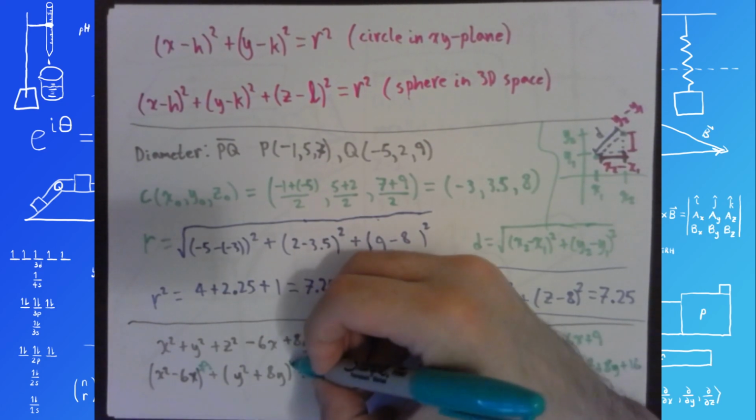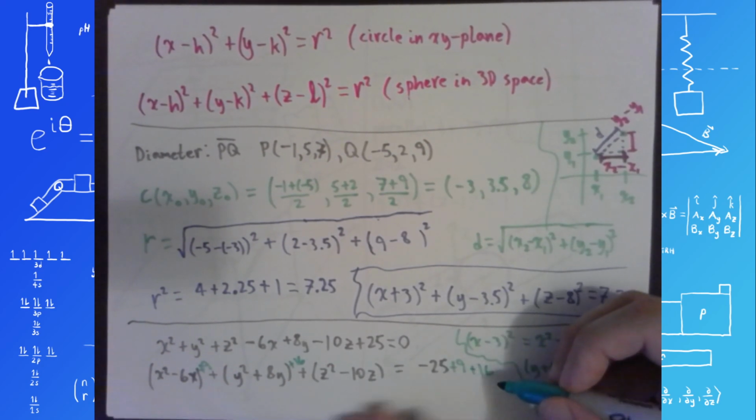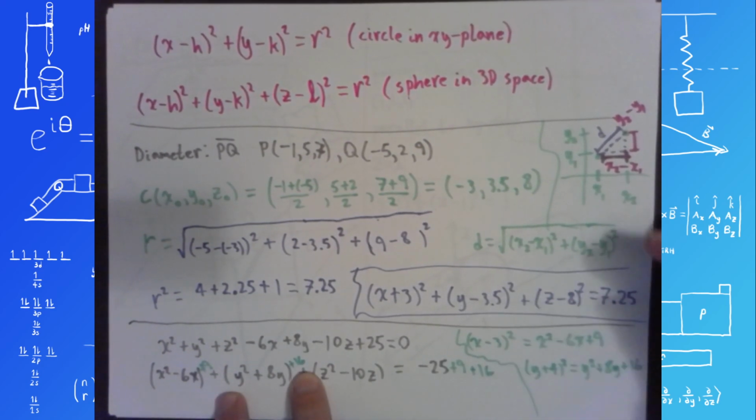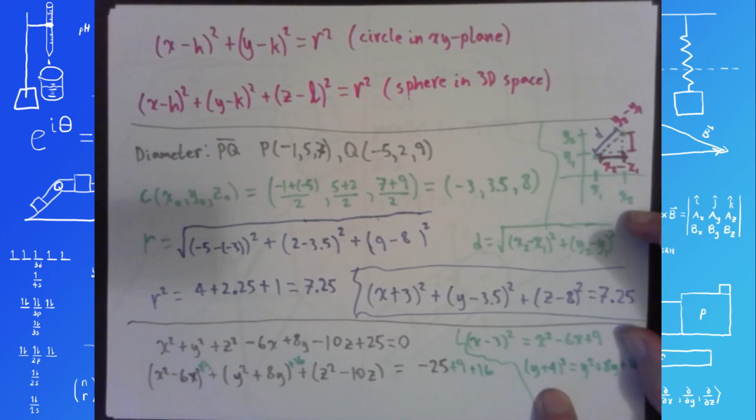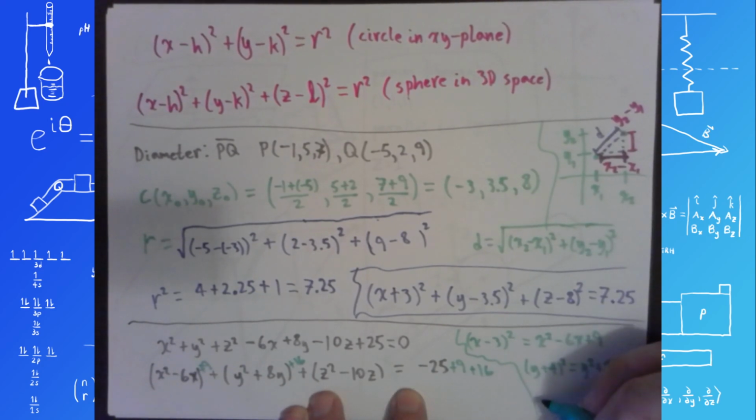So if I add 16 here and 16 here, I can rewrite this as y plus 4 quantity squared. And similarly for z squared minus 10z, the minus 10 comes from a minus 5 after foiling. So z minus 5 squared is z squared minus 10z plus 25.